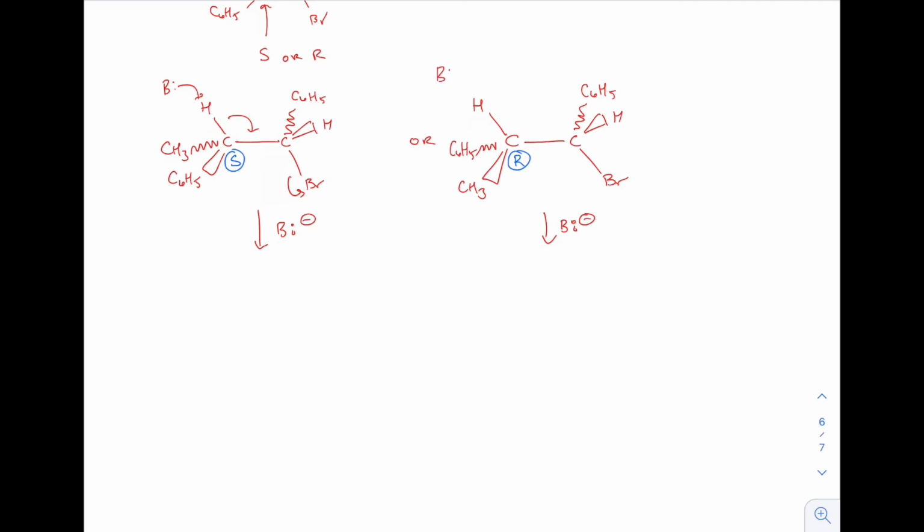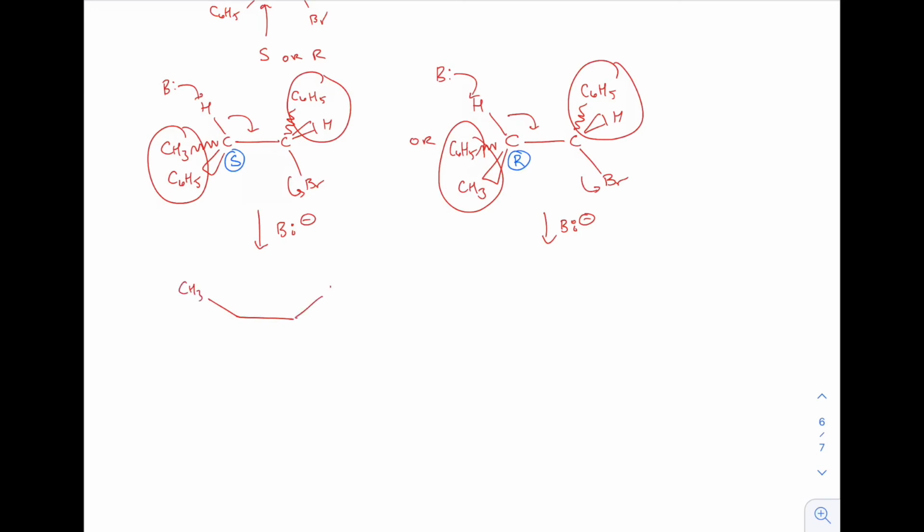That puts the hydrogen and the bromine in a fixed position, and also the other substituents in a fixed position. So when you're drawing the alkene product, it's important that you get the substituents on the correct side, right? The wedges should be on the same side and the dashes should be on the same side, however you want to draw it, at least of the double bond.